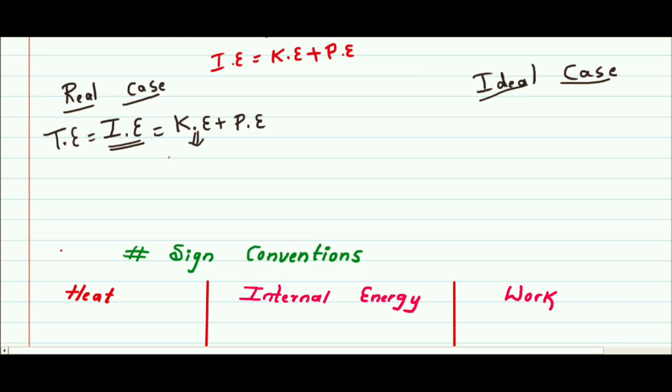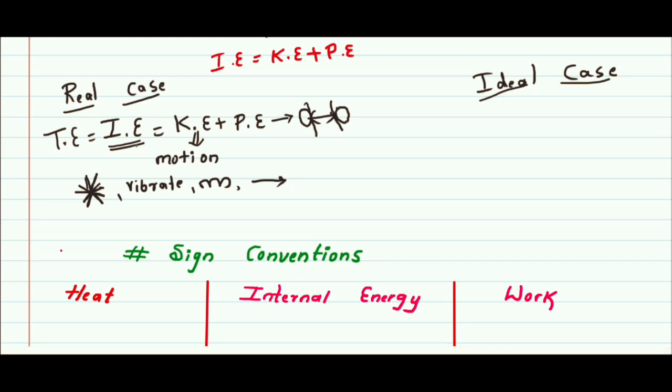The molecules are in motion, so they may vibrate, rotate, or move straight, or have some random motion. So this is about kinetic energy. And the potential energy is the intermolecular interaction that happens between two molecules.